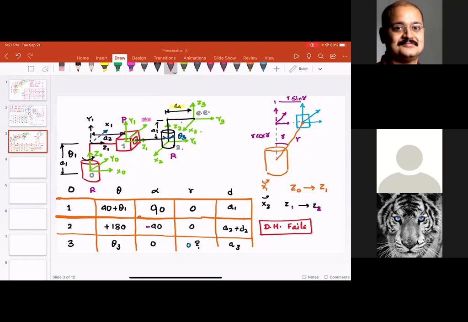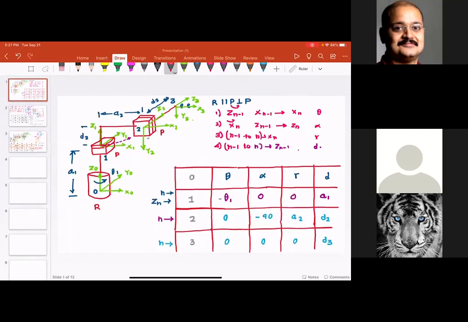But in this particular case, the DH parameter technique fails, and you will see that there will be many robots in this configuration where it would fail. This technique is going to fail because the distance is not along the X dimension.